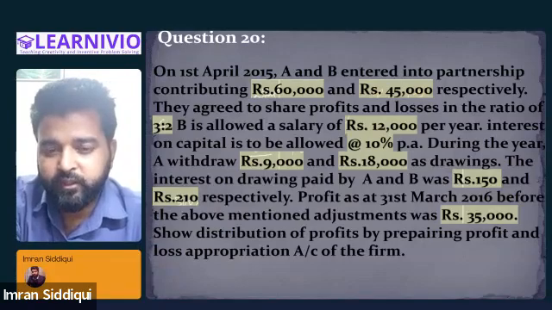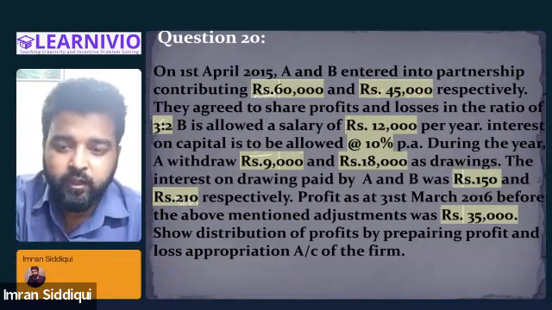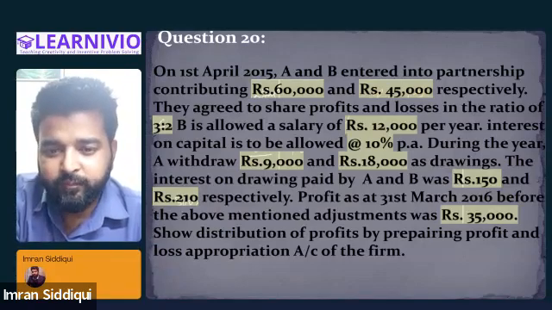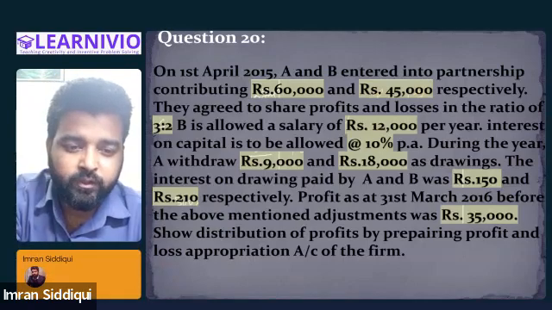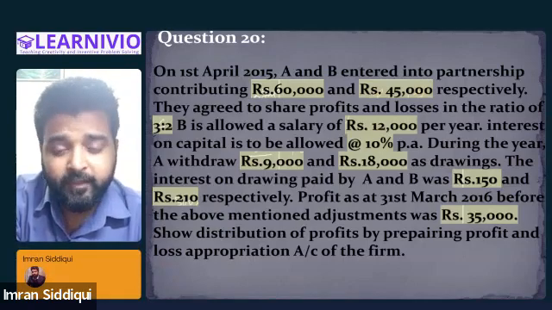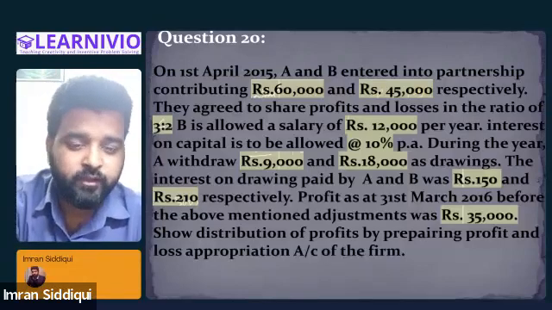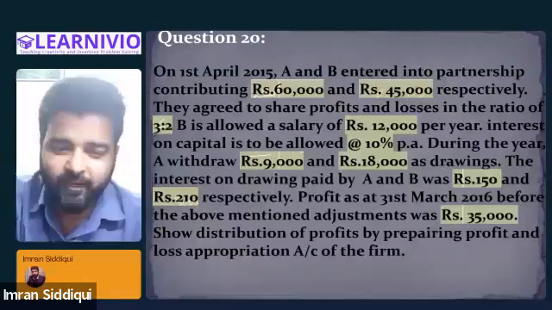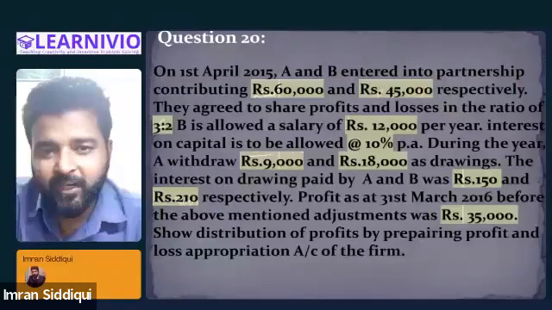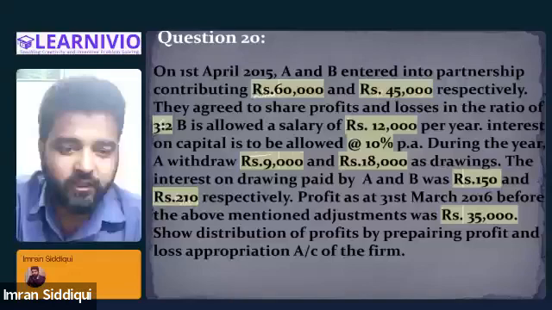So this time the profit sharing ratio among the partners is given. Question further says that B is allowed to withdraw a salary of 12,000 per year. Interest on capital will also be allowed at the rate of 10% per annum. So interest on capital will be allowed to both the partners at 10% per annum, but salary will be given to Mr. B only at 12,000 per year.